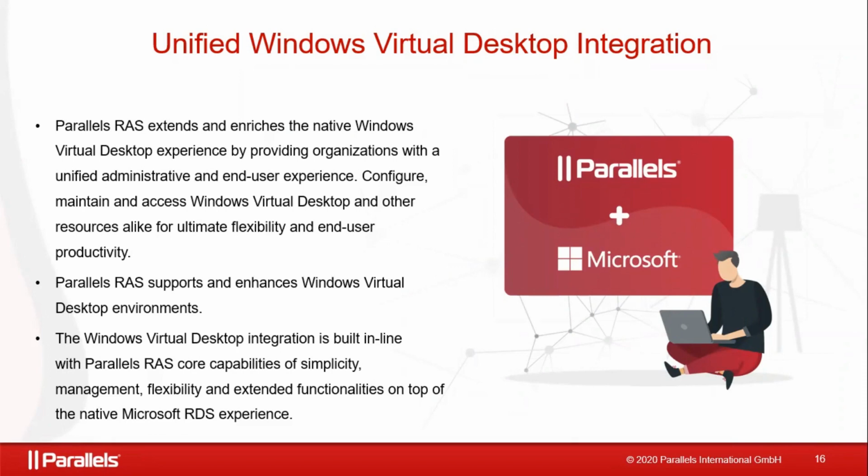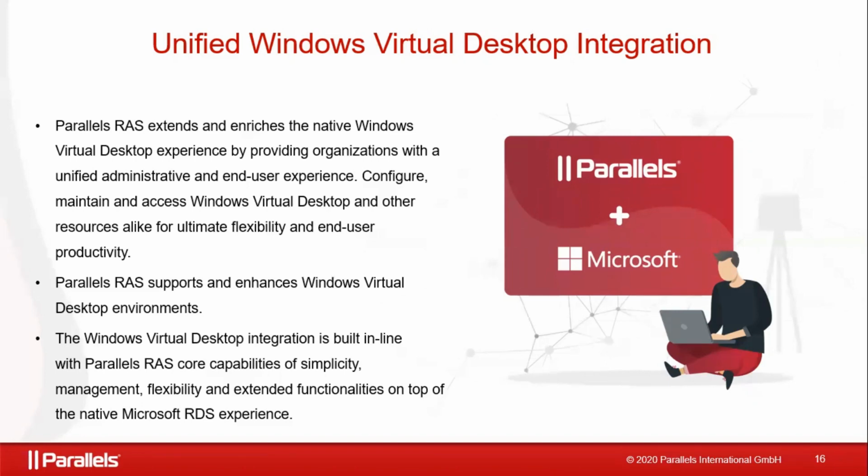Parallel RAS extends and enriches the native Windows Virtual Desktop experience, meaning it extends the features of WVD. Users have flexibility in controlling and accessing the server itself, and Parallel RAS supports and enhances the Windows Virtual Desktop environment. It is also built with Parallel RAS core capabilities of simplicity, management, and flexibility, and extends the functionality of the native RDS experience.